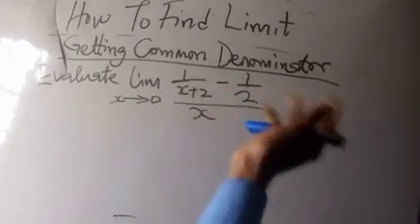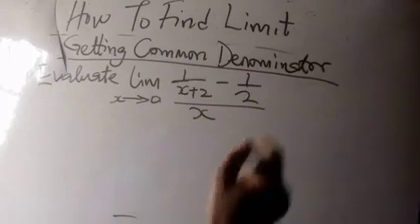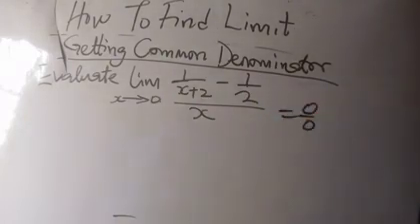Half minus half is 0, and here 0 is going to be 0 divided by 0. Does that mean in this function, limit does not exist? We can't totally say until we explore getting common denominator.